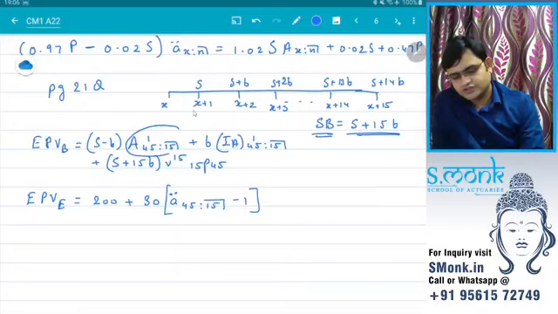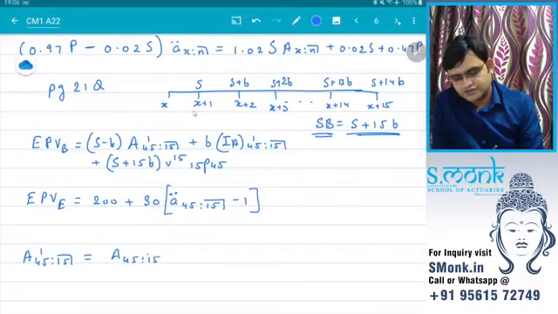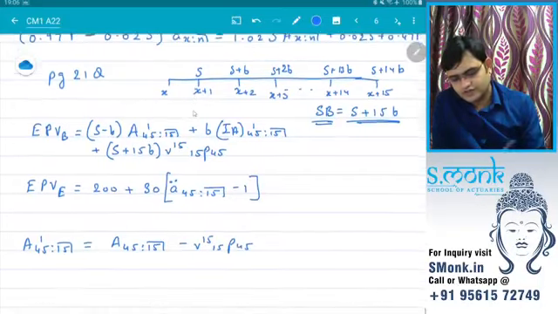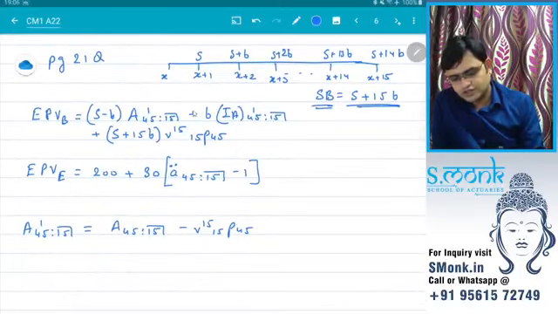Now this we can calculate. A 45 dash 15 would be A 45 15, because this becomes 60 and we have the endowment values, minus V raised to 15, 15P 45. This will be used also in the increasing one.